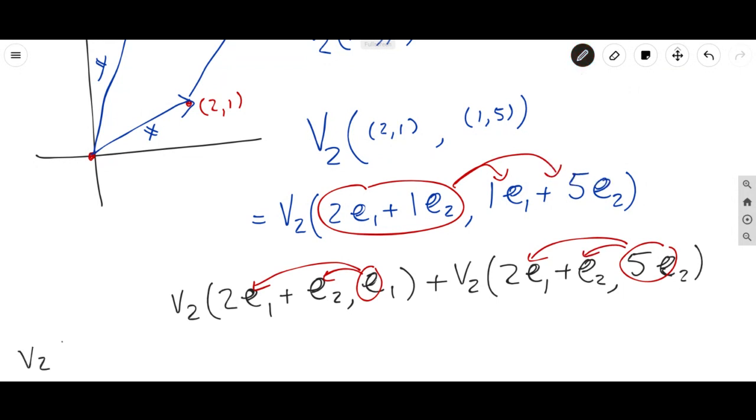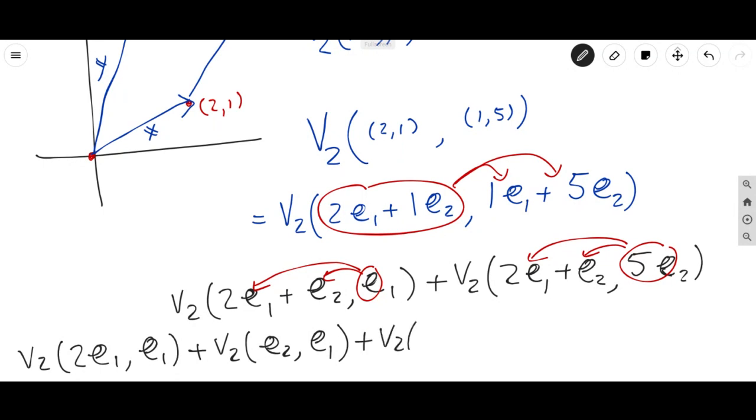So this will be v2 of 2e1 comma e1, and then plus v2 of e2 comma e1, plus v2 of 2e1 comma 5e2, and then plus v2 of e2 comma 5e2.